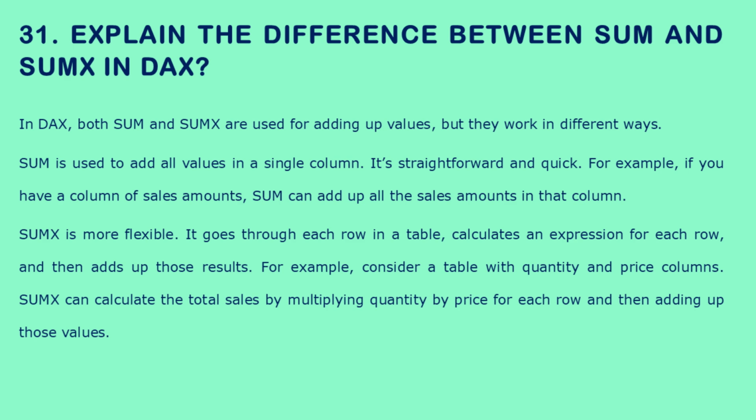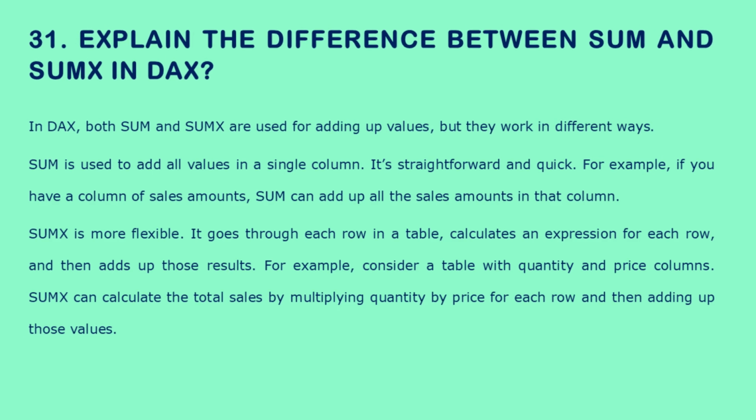SUMX is more flexible. It goes through each row in a table, calculates an expression for each row, and then adds up those results. For example, consider a table with quantity and price columns. SUMX can calculate the total sales by multiplying quantity by price for each row and then adding up those values.